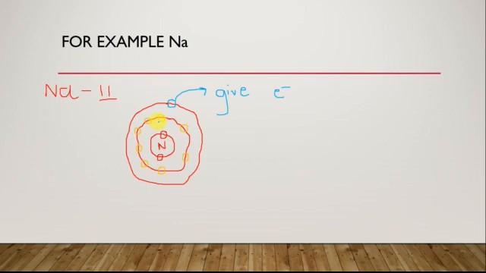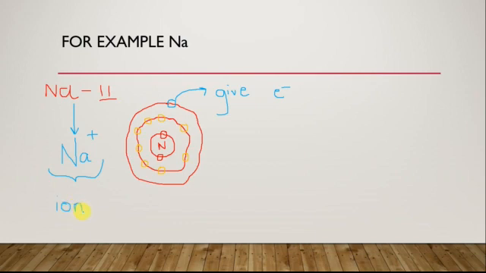After giving 1 electron, sodium becomes Na plus. It acquires a positive charge, that is, it becomes an ion, or to be more specific, it becomes a cation.